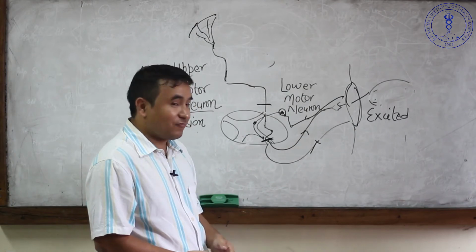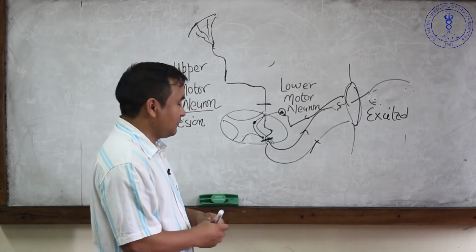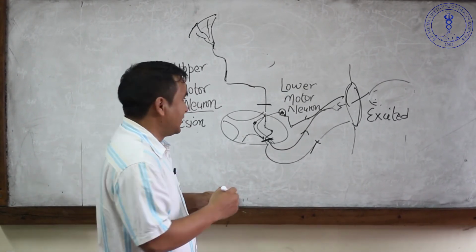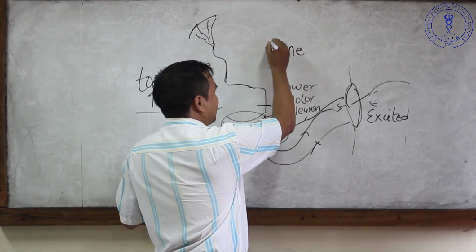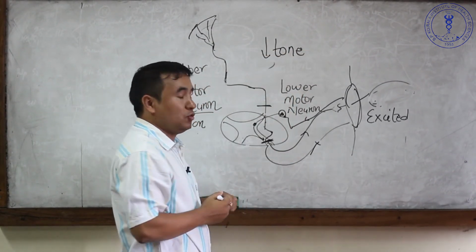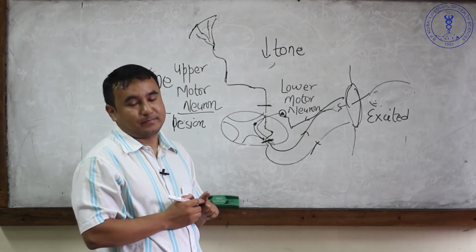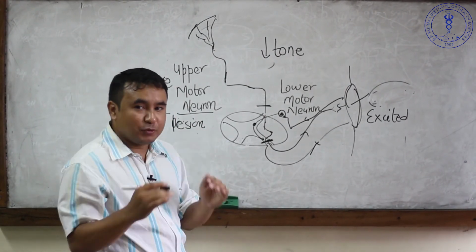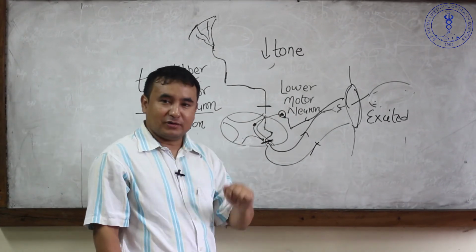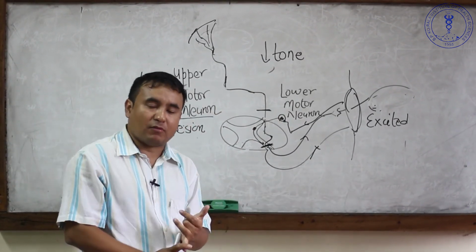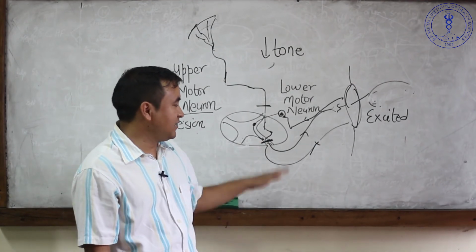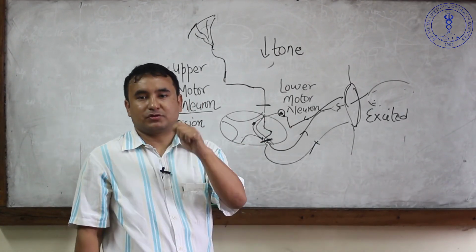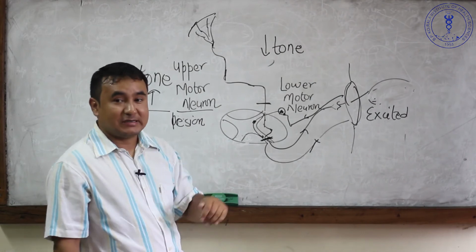Your muscle will get flaccid, relaxed, so flabby, and that is what we call decreased tone, which we classically get in lower motor neuron lesions. So hypotonia is a feature of the lower motor neuron lesion. If you have any problem in the lower motor neuron, maybe in the anterior horn, peripheral nerves, neuromuscular junctions or the muscles, you may have hypotonia.